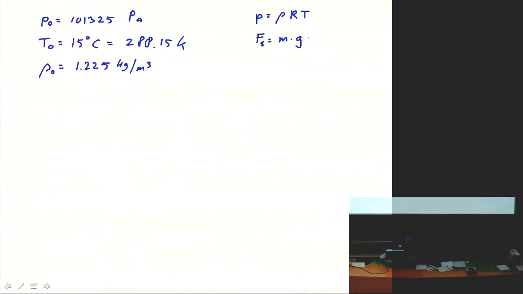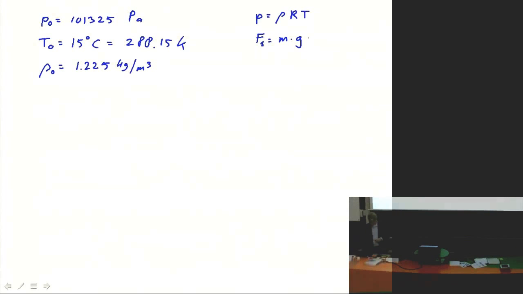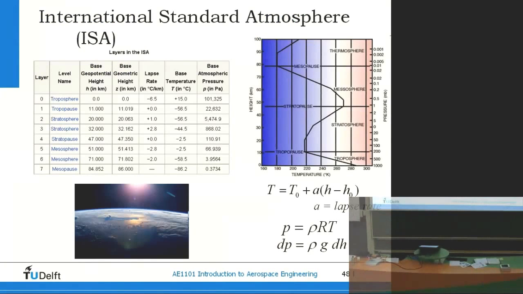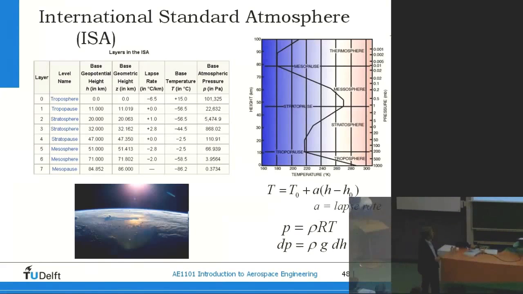So if we look at our standard atmosphere, we see at the first layer, the troposphere, as we call it, the temperature sharply goes down up to 10, or actually 11 kilometers: 6.5 degrees Celsius or Kelvin per kilometer.